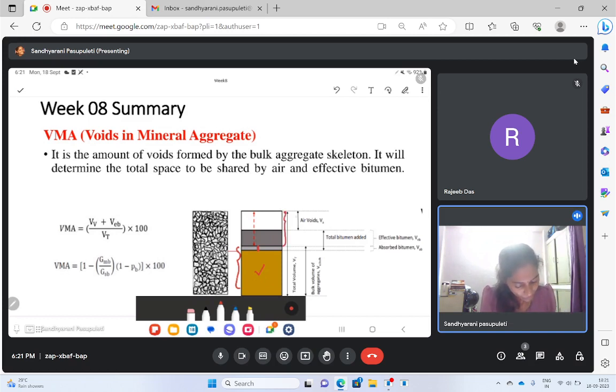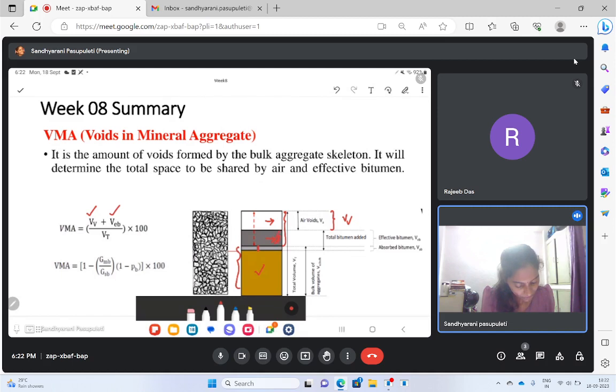So the amount which I have shown here consists of the effective bitumen and the air voids. This volume is called VMA, voids in the mineral aggregates. So voids in the mineral aggregates is the volume of voids plus the volume of effective bitumen.